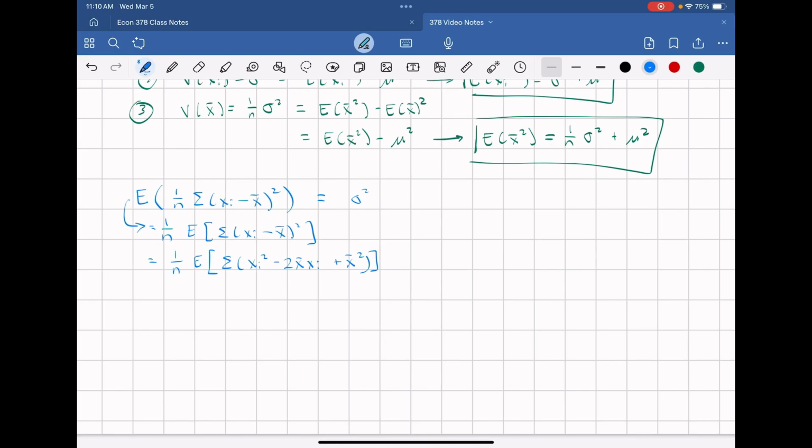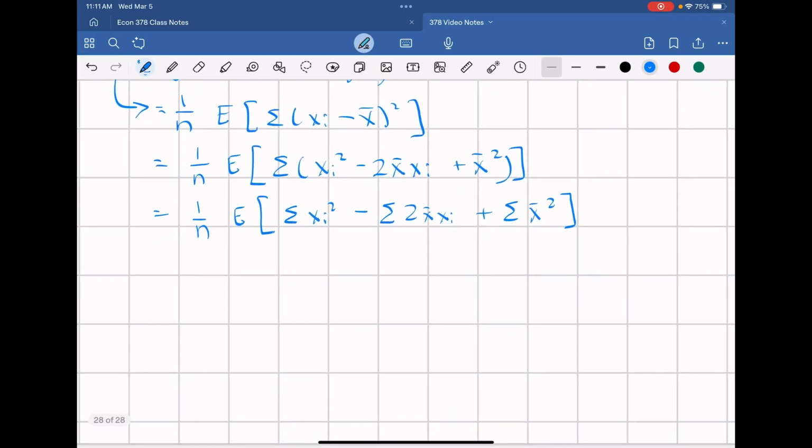Before we do the trick, let's go ahead and bring the summation all the way through. 1 over n, the expected value of the summation of xi squared minus the summation of 2 x bar xi plus the summation of x bar squared.